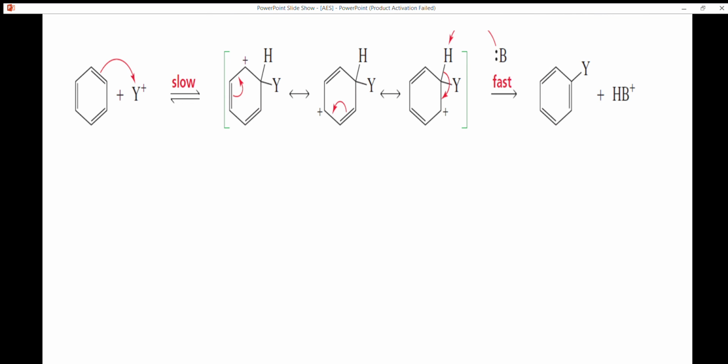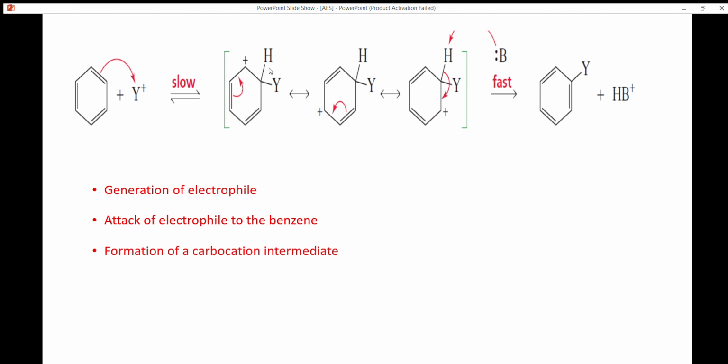I am summarizing the steps of electrophilic substitution reaction. The first step is generation of electrophile, that is this one. The second step is attack of electrophile on the benzene system, and the third step is the formation of carbocation as an intermediate, or benzocation, and the fourth step is liberation of proton.